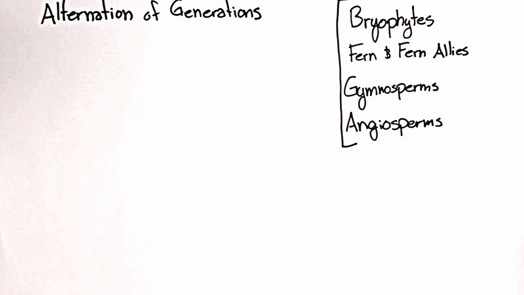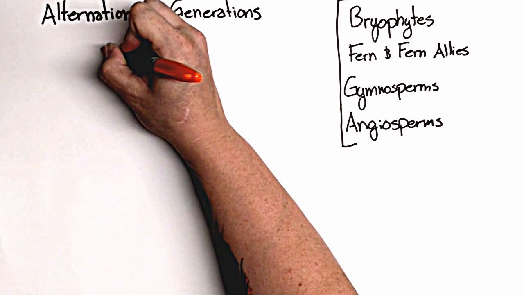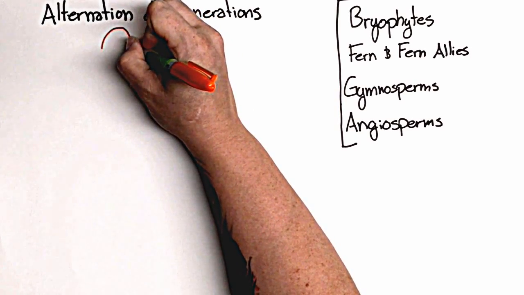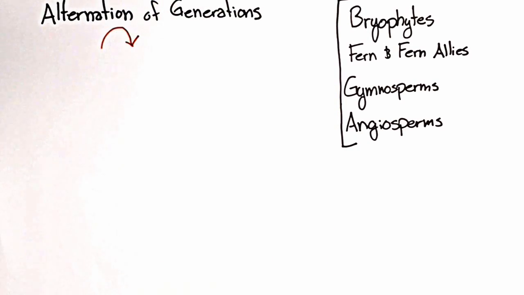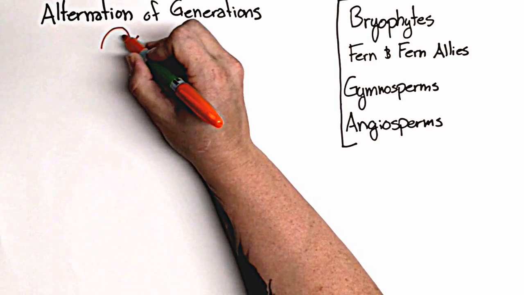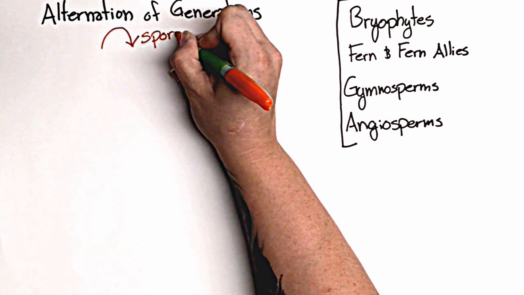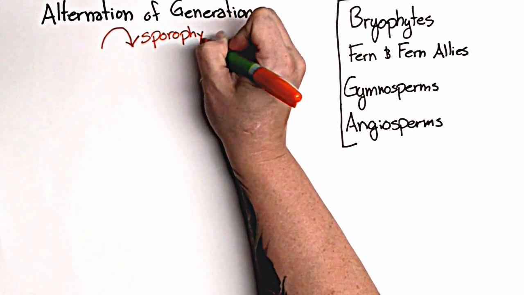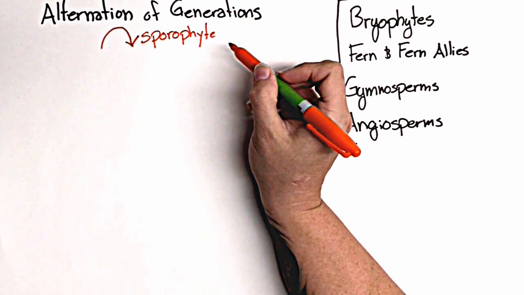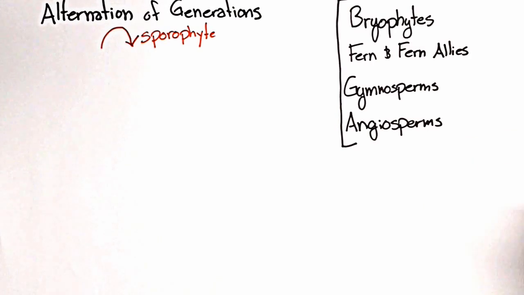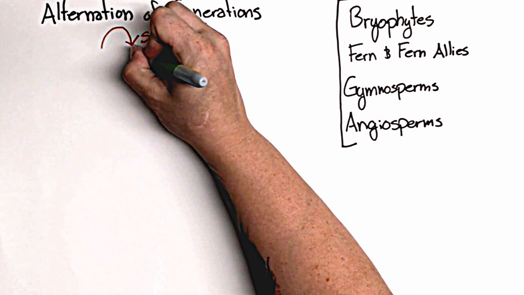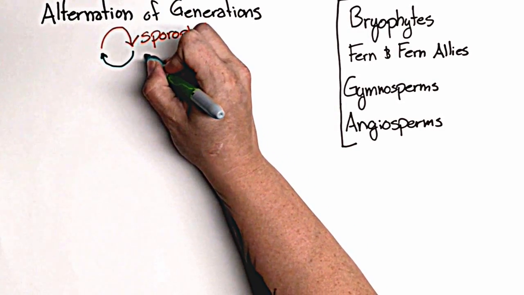What that means is that the life of your average rose or your average pine tree, they bounce between 2 ways of being, okay? The first is the sporophyte generation, and then that is followed by the gametophyte generation.